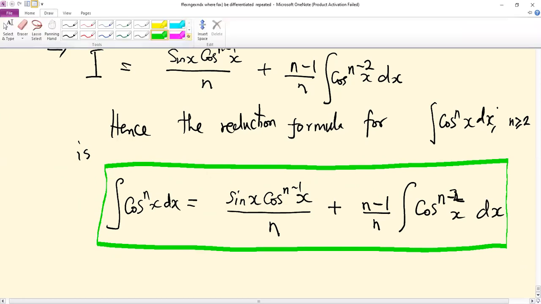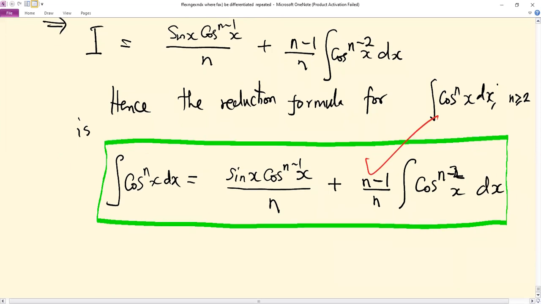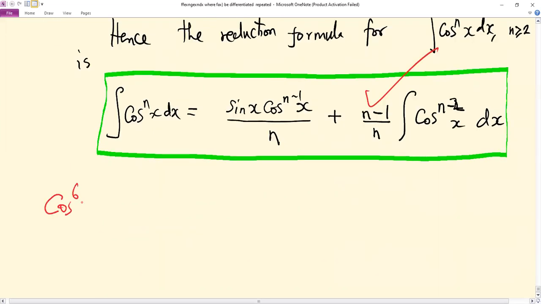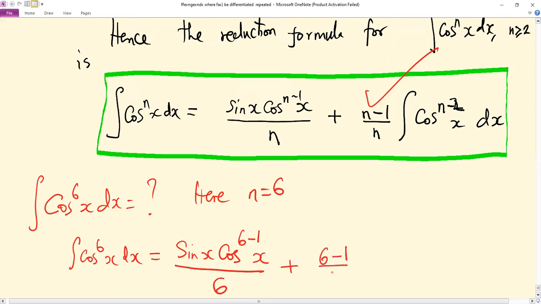Cos power 6 means n is 6, so here n is 6, which means our formula will be the integral of cos power 6 x dx will be sine x cosine of 6 minus 1 x over 6 plus 6 minus 1 over 6 integral of cos power 6 minus 2 x dx. We just replace the value of n and solve it step by step.